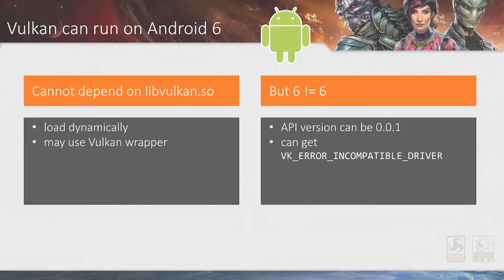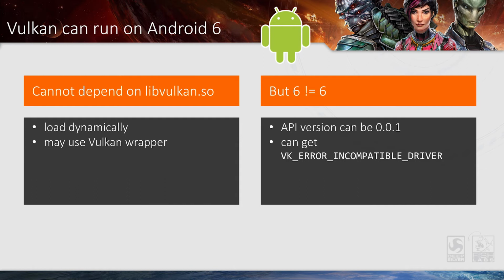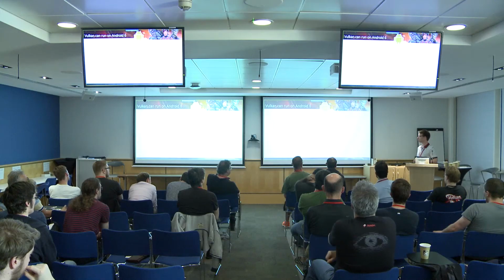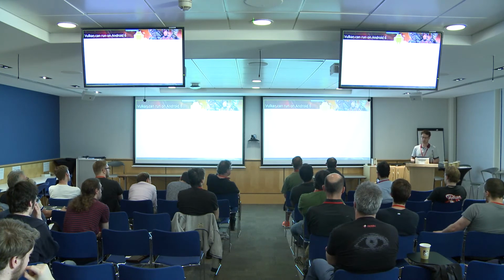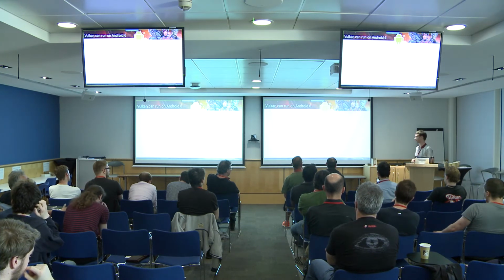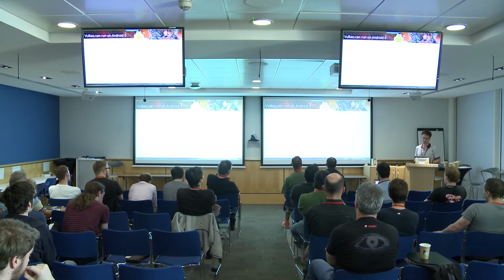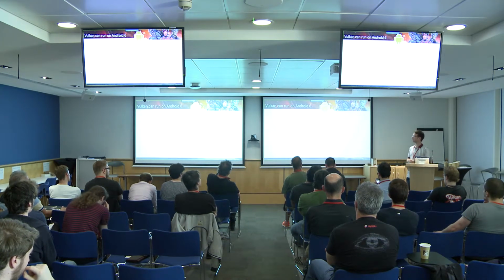And now I have 2 very Android-specific slides. The other stuff might also apply to Android. But yes, that's also something that we've already heard, that Vulkan can be available on Android 6. But it's a bit more complicated because it was only added properly in Android 7 or API level 24 or Android Nougat or whatever you want to call it. But there are some devices, specifically the Samsung Galaxy S7 and the NVIDIA Shield tablet, where you can get Vulkan running on Android 6.